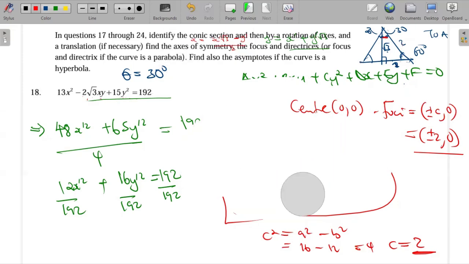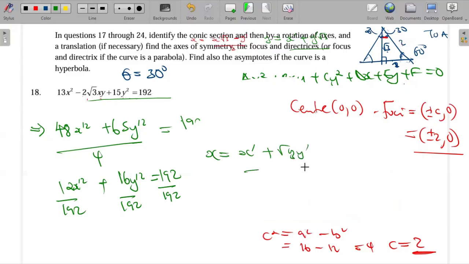But I've forgotten the original equations that we had made. So when you replace, remember when we replaced, we got equations like our x was equal to something like, I don't know if it's x prime plus root 3 over y prime, something like this, so over 2. Now, I've forgotten exactly what.